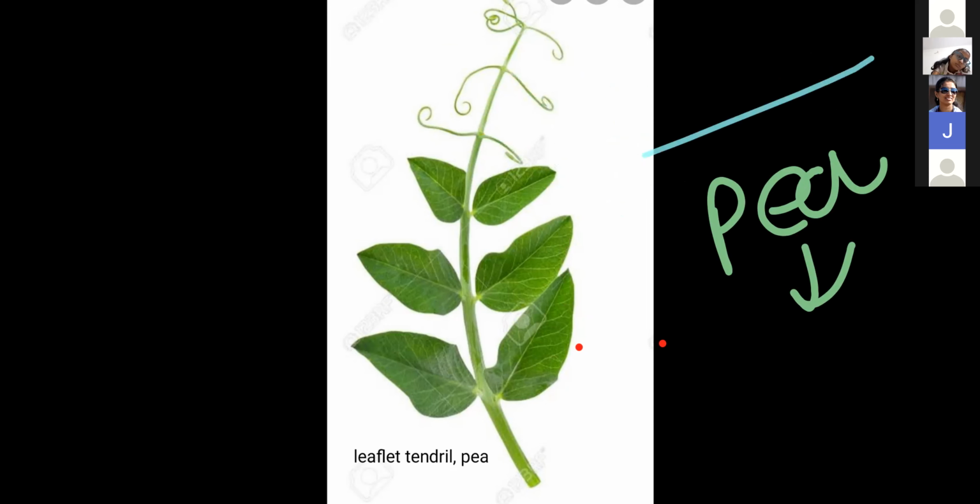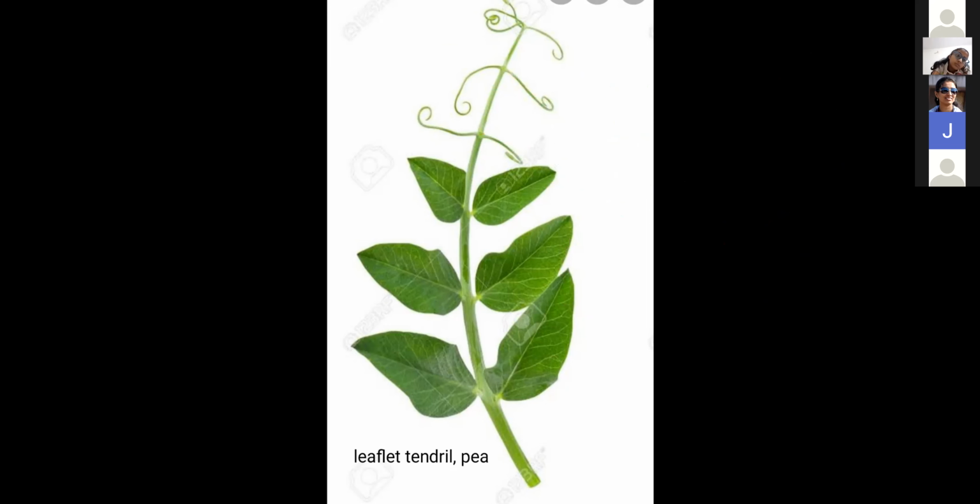So in the pea plant the modified part is the leaflet, and the structure formed by it is called a tendril. Is it clear? This tendril helps in climbing, so it can twine around the support and the plant can grow upright easily. The part getting modified is the terminal leaflets.